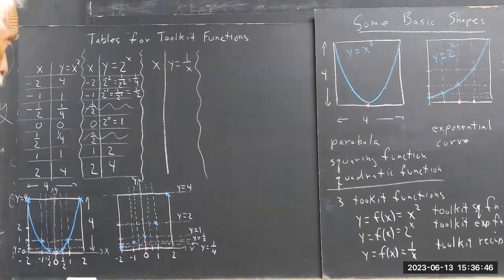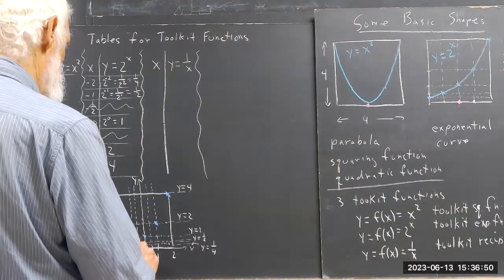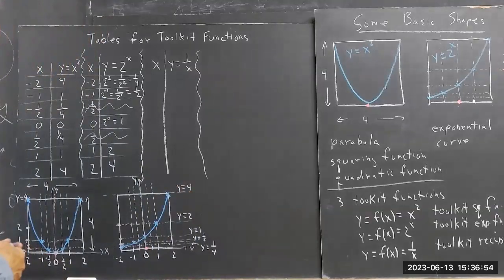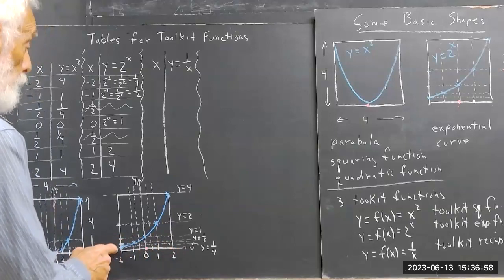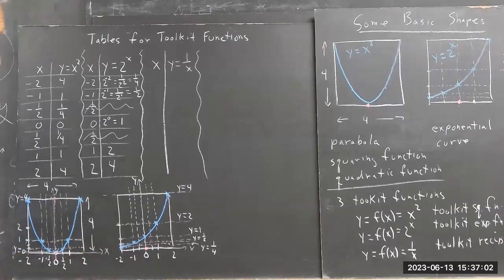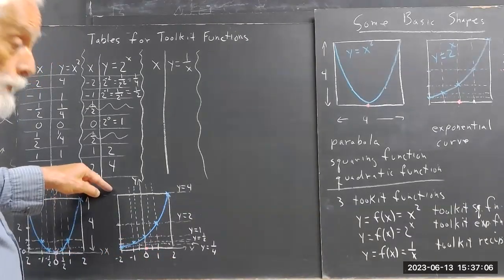You can extend that by sketching the curve from here to here. And now the function is defined from -2 to 2. Its range goes from 1/4 up to 4. If the domain is from -2 to 2, the range is from 1/4 to 4.